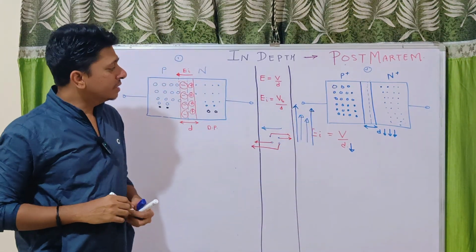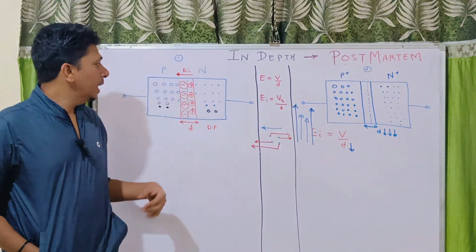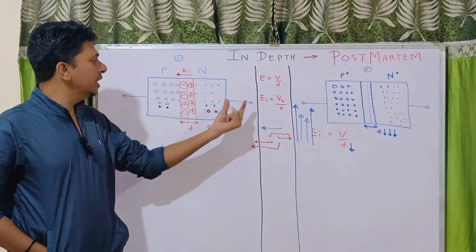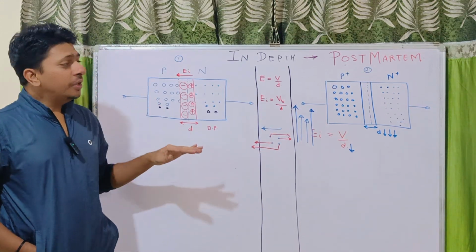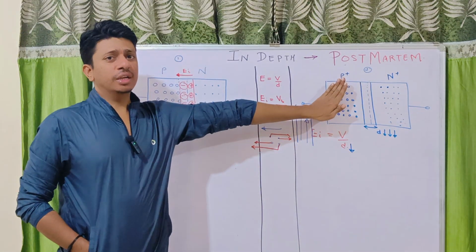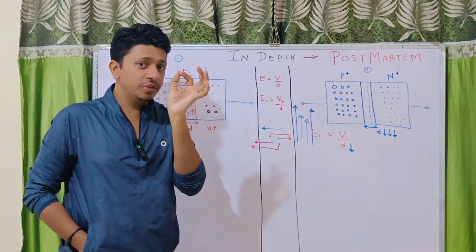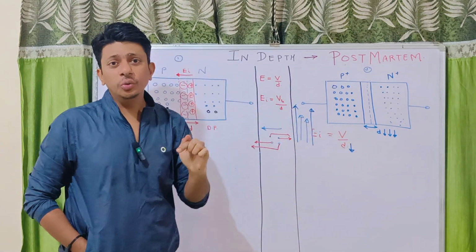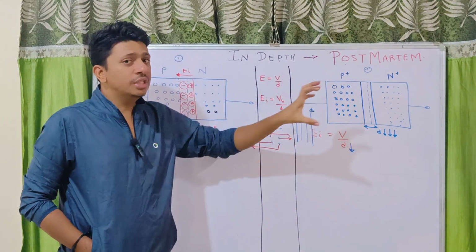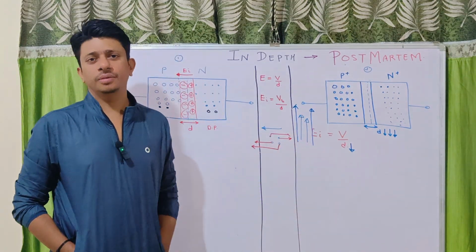So by seeing this condition, you must know, in this scenario, if Ei is the internal electric field, but if you increase the concentration here, which is basically a case of a Zener diode, then D is getting reduced simultaneously. Because of this high doping, the electric field is very, very high.